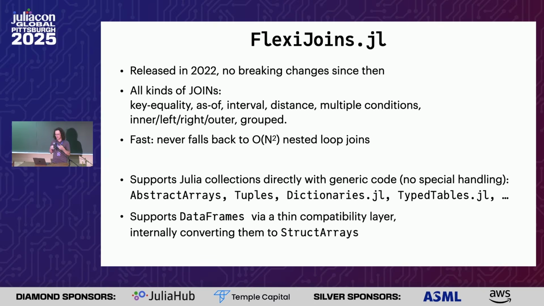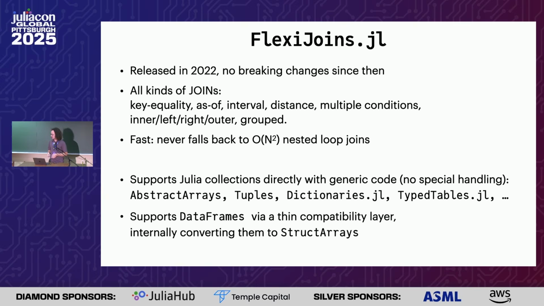And the design goal that has materialized is that it's fast, as in it never falls back to just looping over both datasets and selecting matches. Natively, with just generic code without any special handling, FlexiJoins support all kinds of Julia collections: abstract arrays, tuples. If you have very small datasets, tuples in inner loops can be very fast.